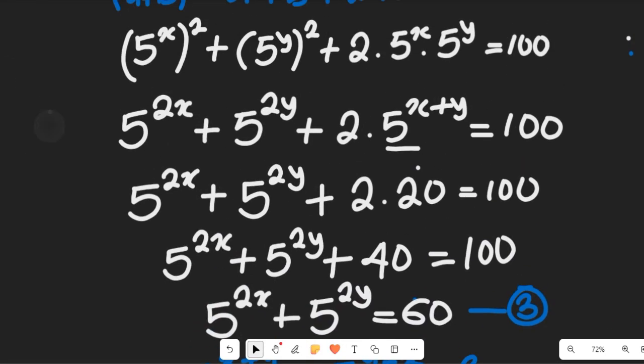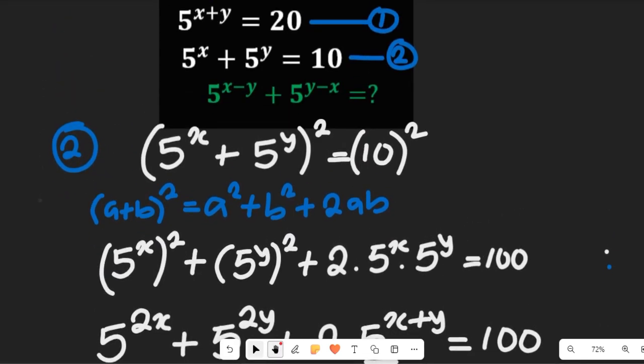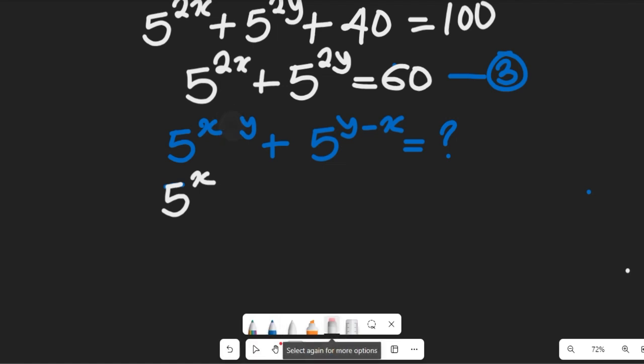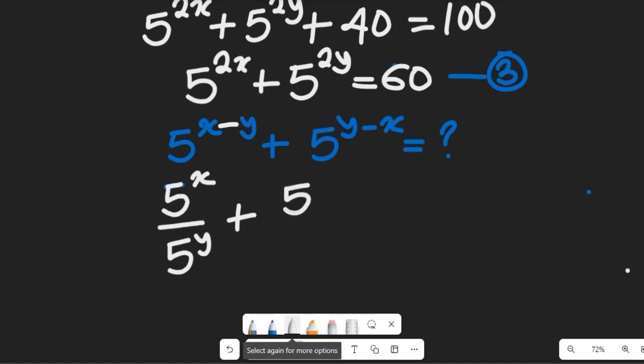The first expression is 5 to the power of x minus y, so it's not positive. Sorry about that. So we have 5 to the power of x divided by 5 to the power of y, plus 5 to the power of y divided by 5 to the power of x, and this whole expression will give us what?